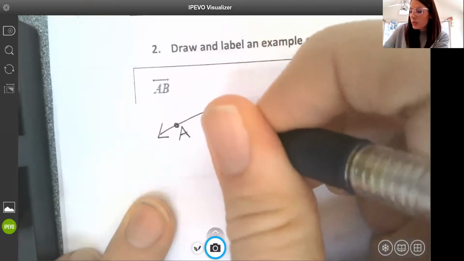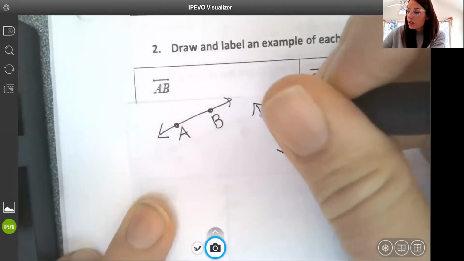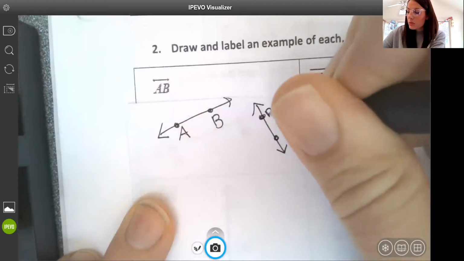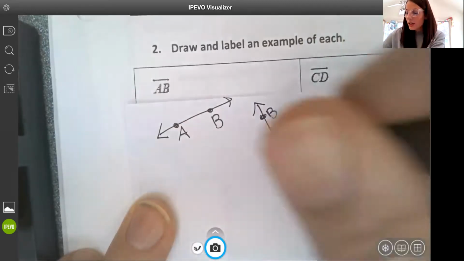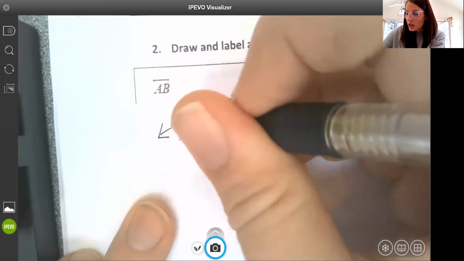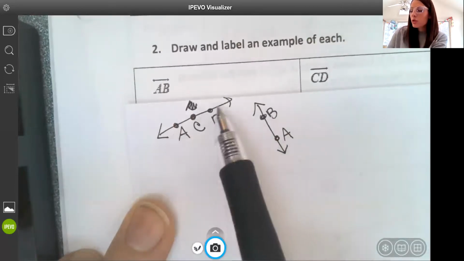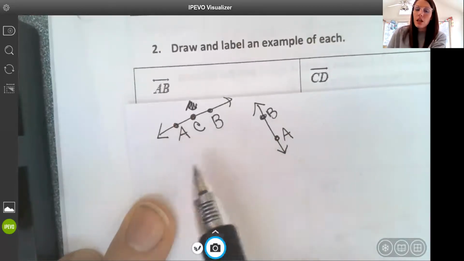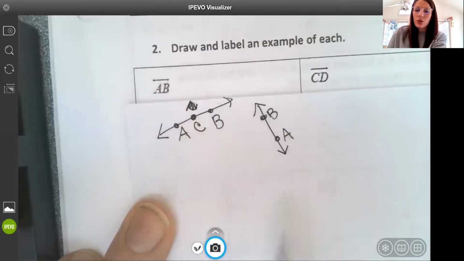I could have a diagram that looks like this, or a line that looks like this, and I could write B first and A here. With a line, there could even be another point on there, like a C here. That's still line AB. As long as two of the points on the line are A and B, I can draw a diagram that represents what that tells me. It could look all sorts of ways.